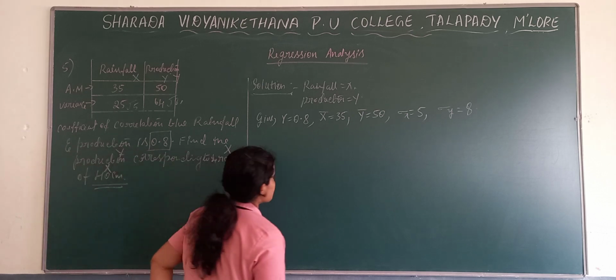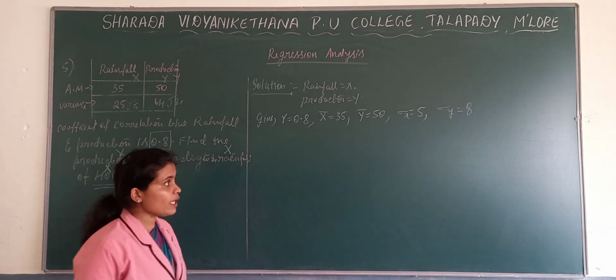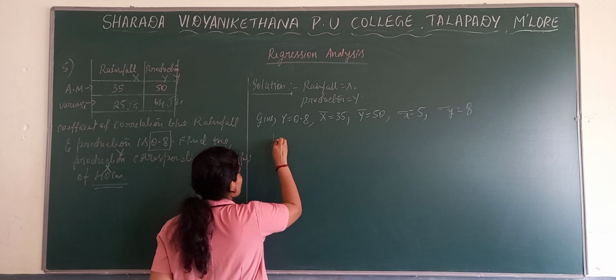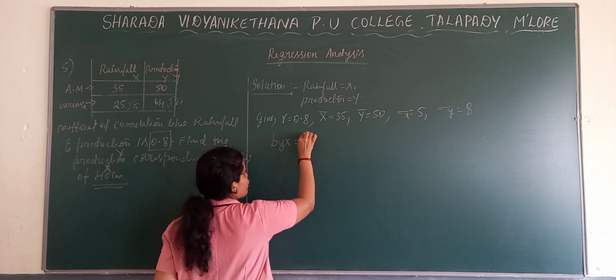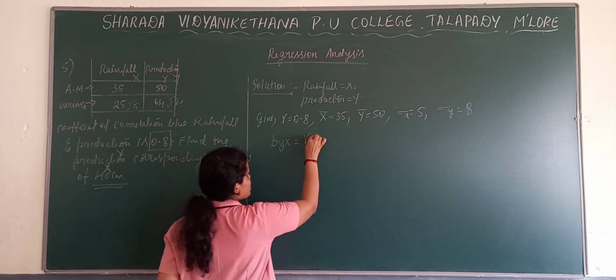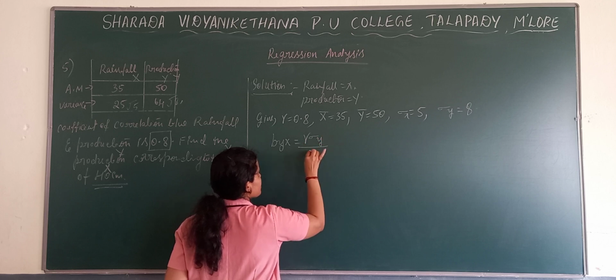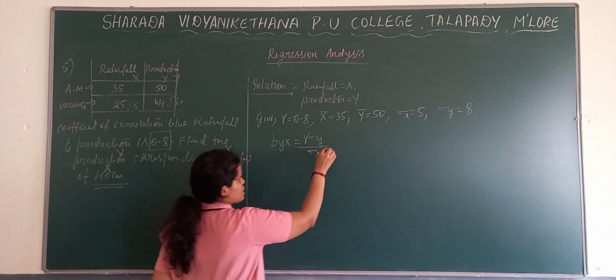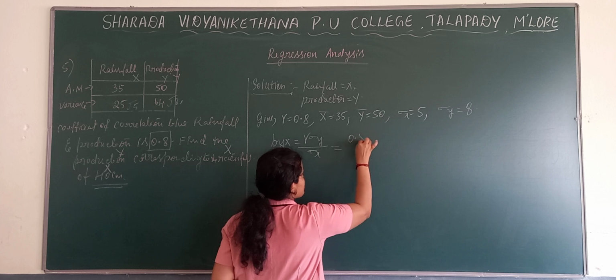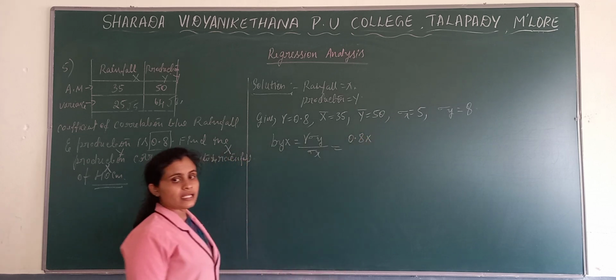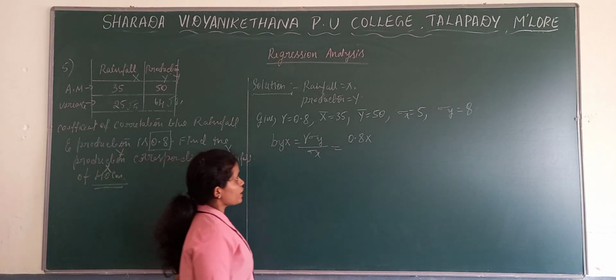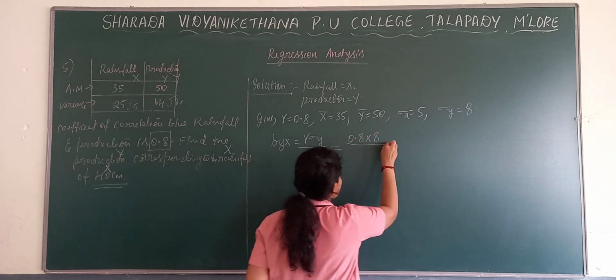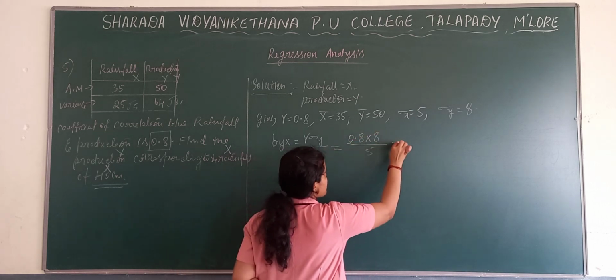Now, firstly we know the x bar and y bar. Then we directly move to the b by x. So here formula, coefficient of correlation, standard deviation of y by standard deviation of x. Coefficient of correlation is 0.8, standard deviation of y is 8, standard deviation of x is 5.